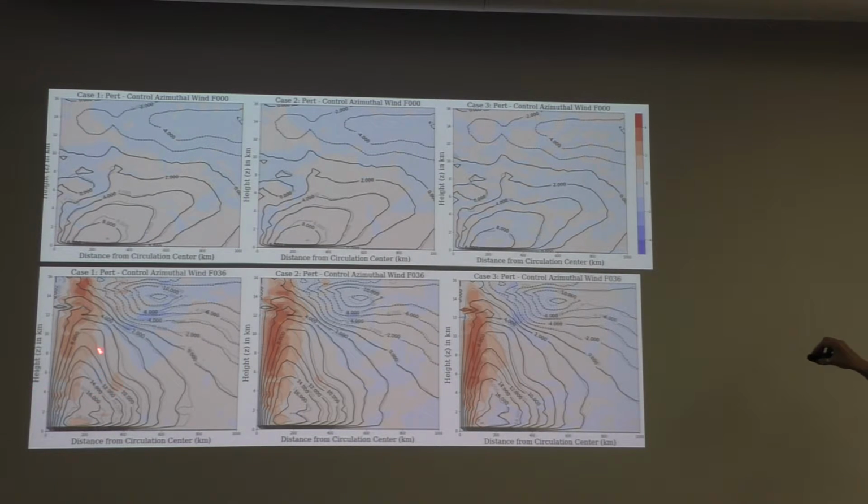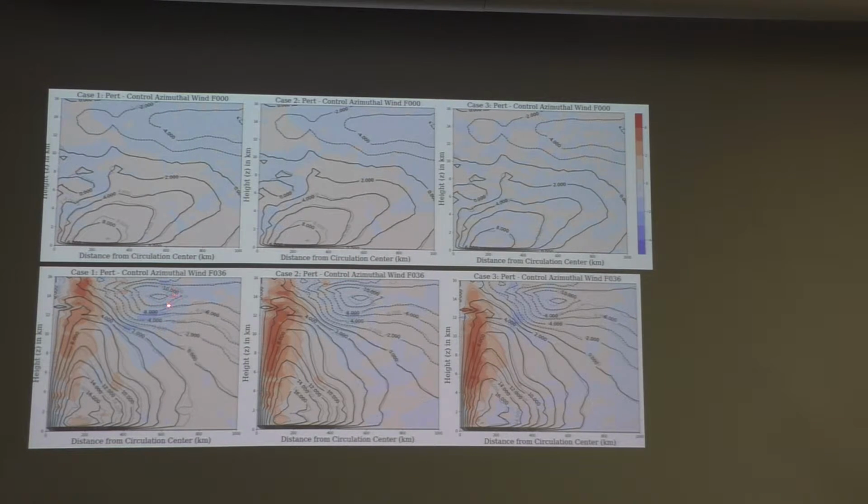The change is greatest in the inner part of the cyclone and in the upper levels of the atmosphere, indicating that the perturbations you're making are making a more vertically stacked, more equivalent barotropic environment, and also making a stronger cyclonic circulation at the final forecast time. Interestingly enough, you don't really see the actual center of the storm increasing as greatly as you do above.